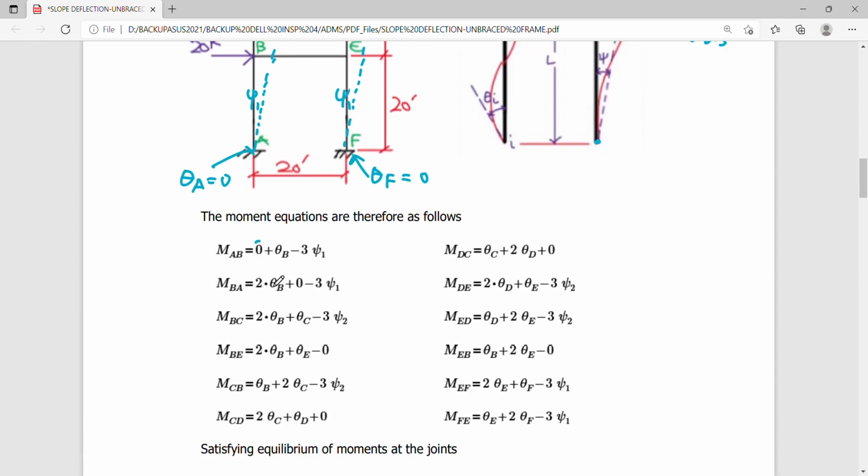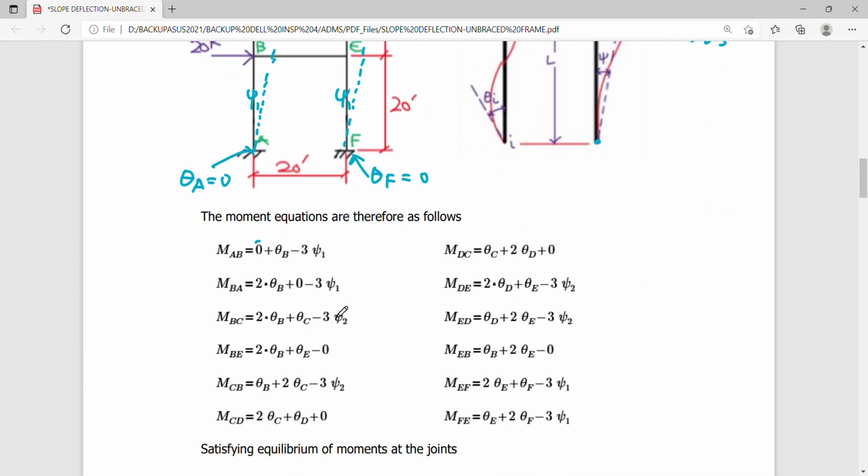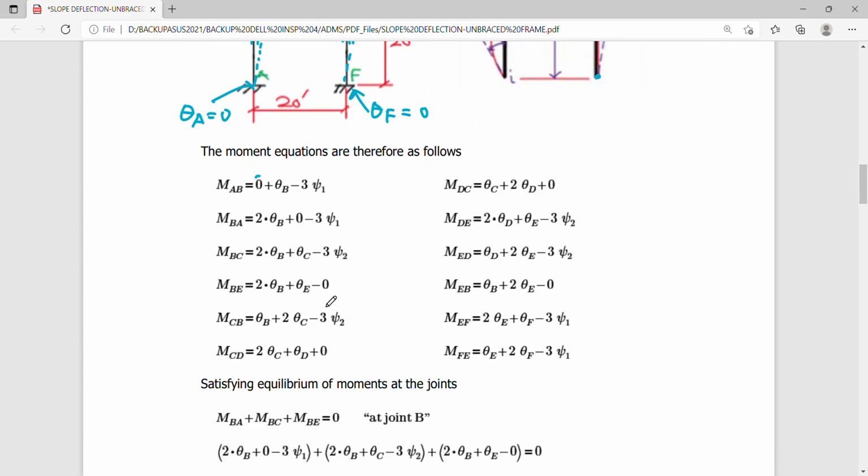Again, I told you to just look at the near and the far end. So near is B, so it must be 2 theta B plus theta E, which is 0, minus 3 psi 1, because you are referring to the ground story here. And then BC, you have 2 theta B plus theta C minus 3 psi 2, because BC is on the second story. And BE, this is a beam, no?